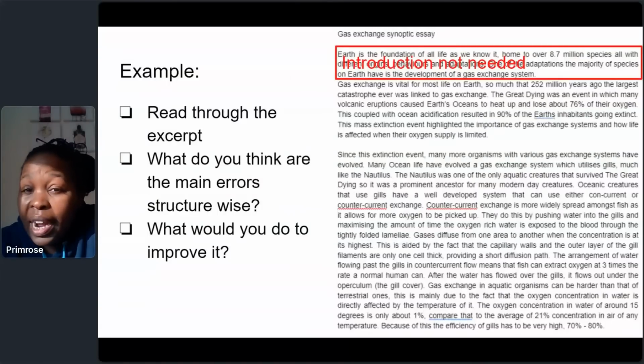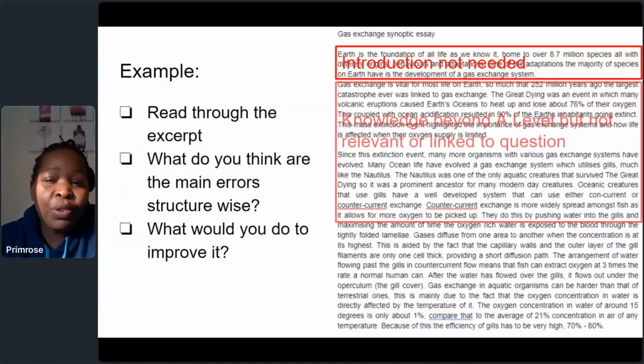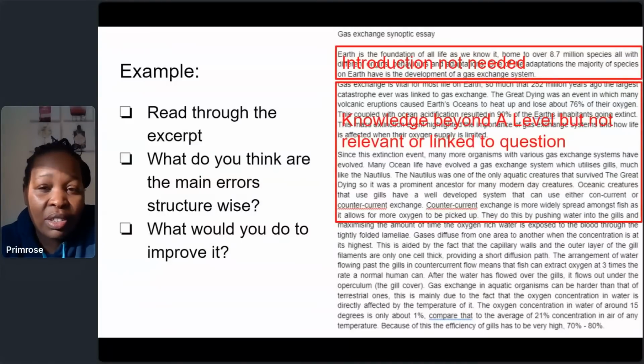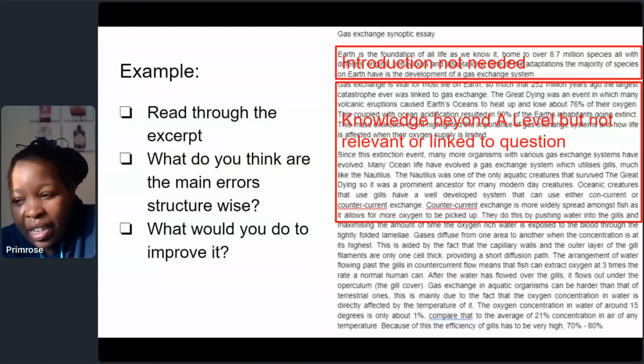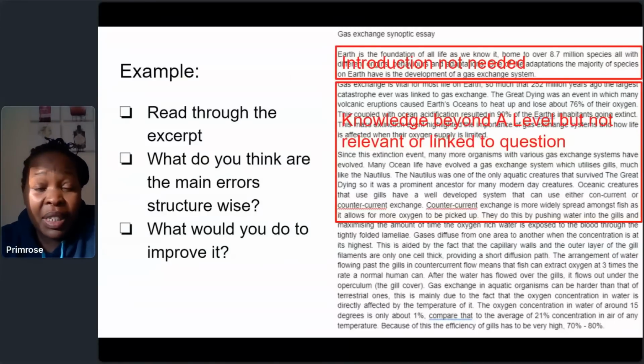They've talked about how gas exchange is vital. And then they've already linked in a story which is beyond the course. But have they really focused on the question? So this whole section, it's beyond A level, but is it relevant and is it directly linked to the question? I would say it isn't.